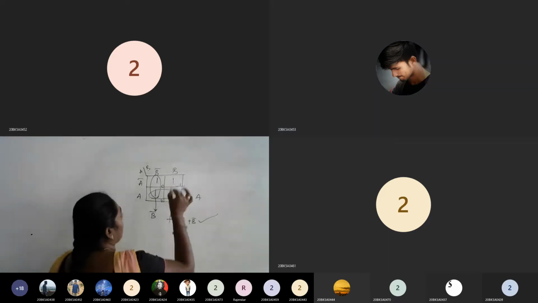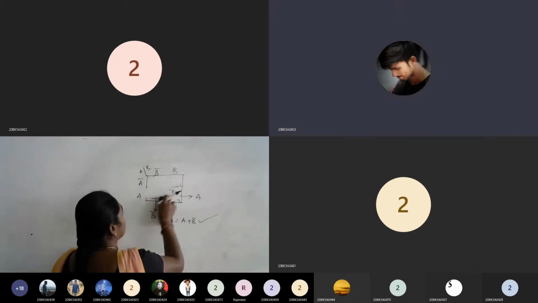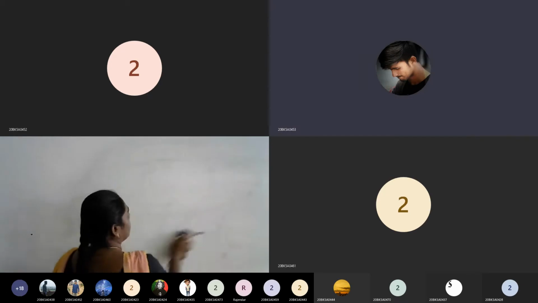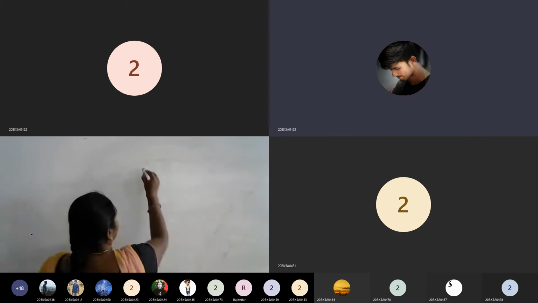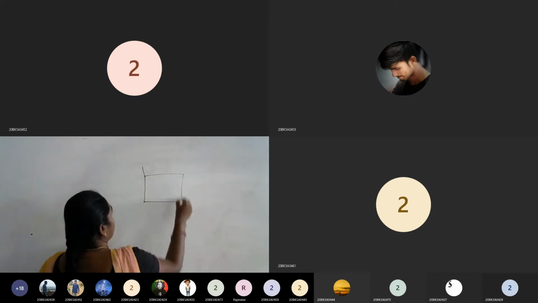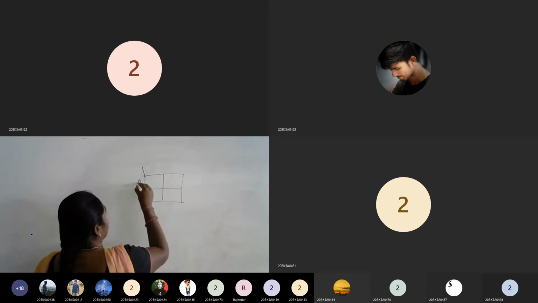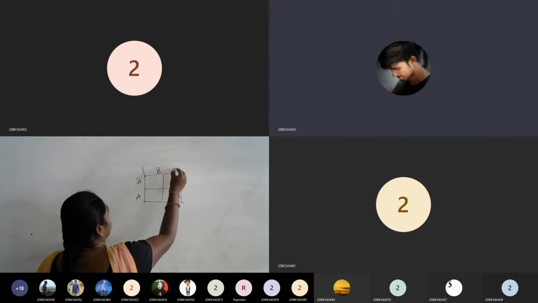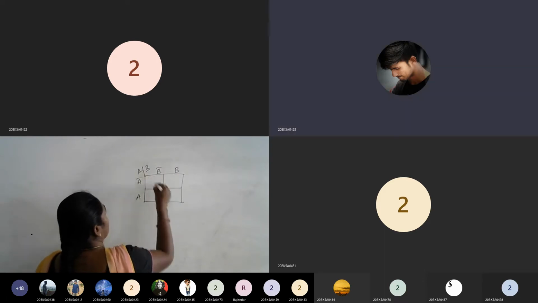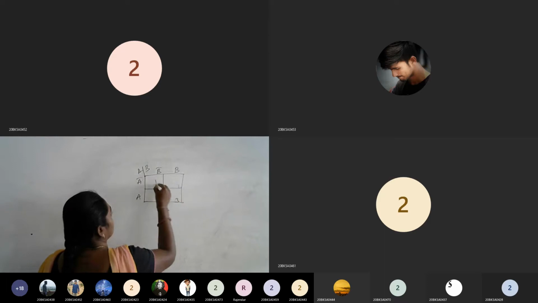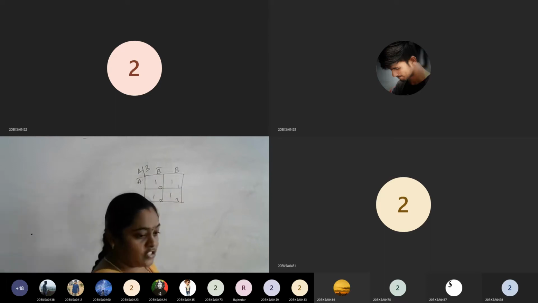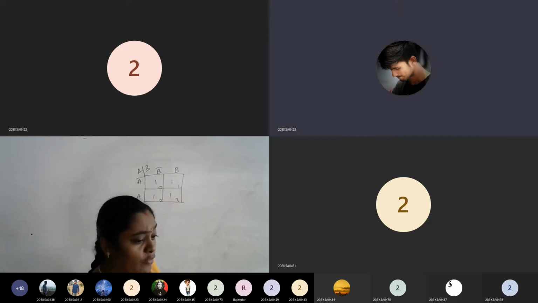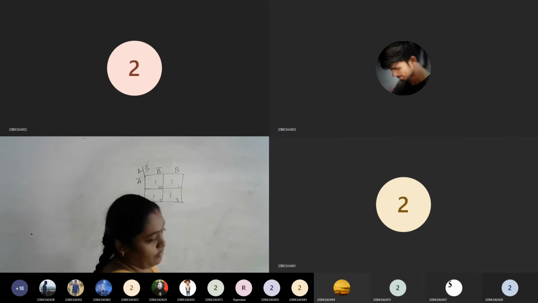Now let me take the case where I have all the 4 ones. Take down the next question as sigma m 0, 1, 2, 3. Always check for grouping of more ones. That is, check for 8 ones, then 4, then 2. If not possible, go for 1.